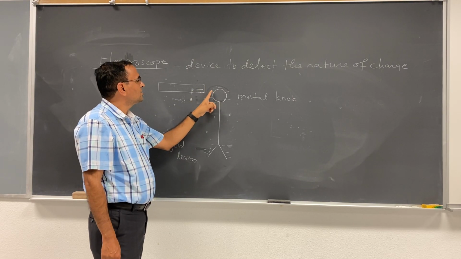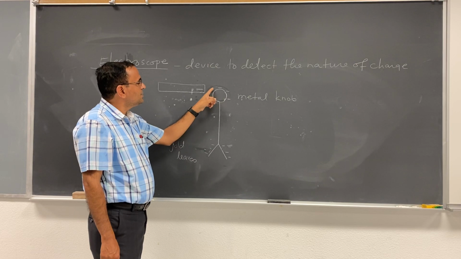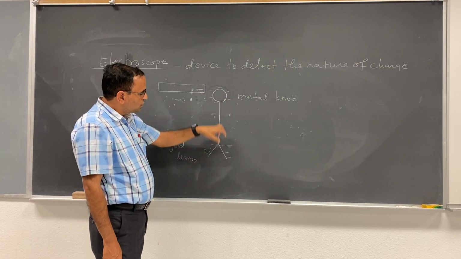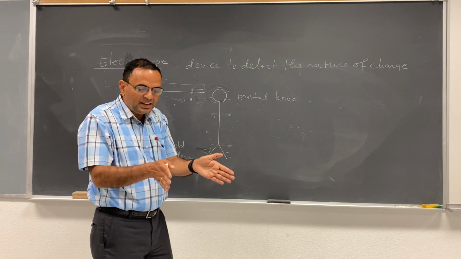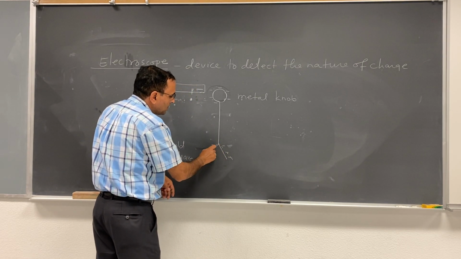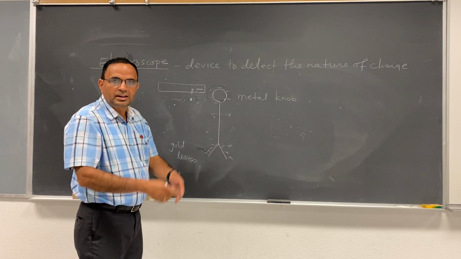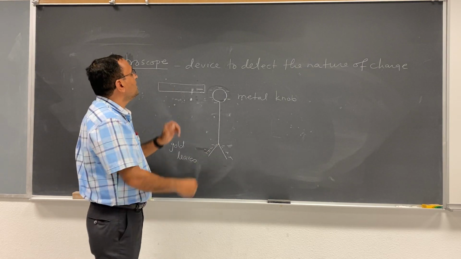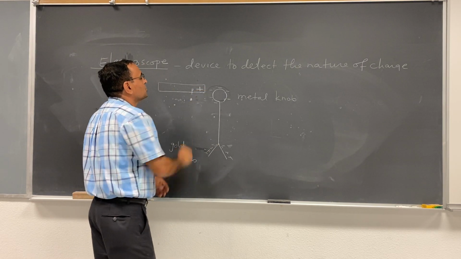So the negative charge repels and they go there. So the repulsion increases. This goes like this, from the repulsion, right? If this is positive charge, what happens then?